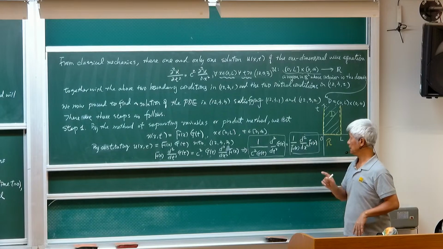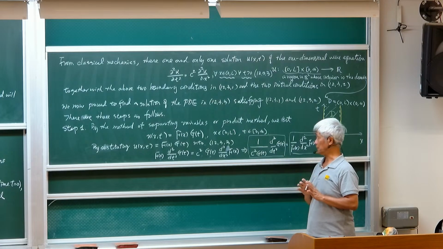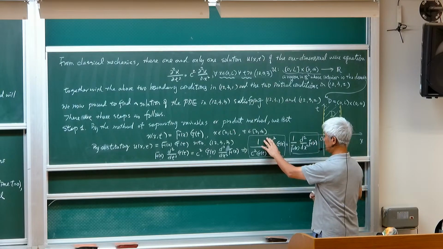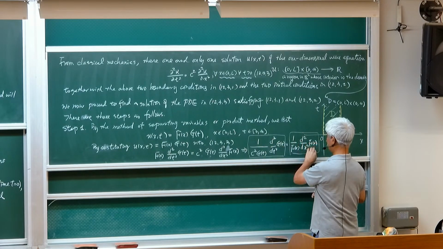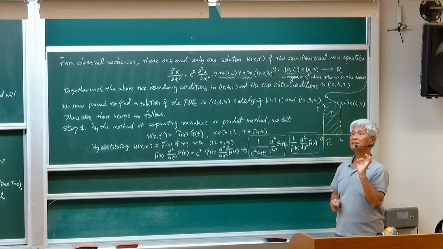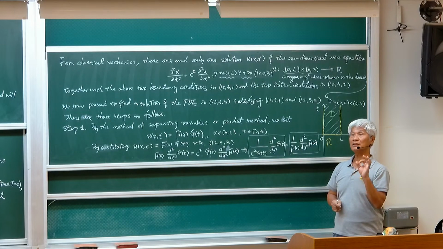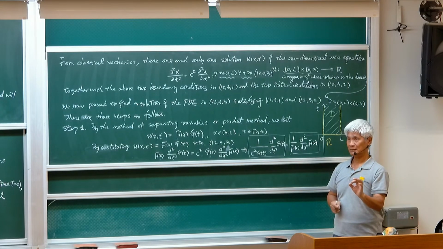Because the left-hand side depends on t and the right-hand side depends on x, they should be equal to a constant, because it does not depend on x and not on t.